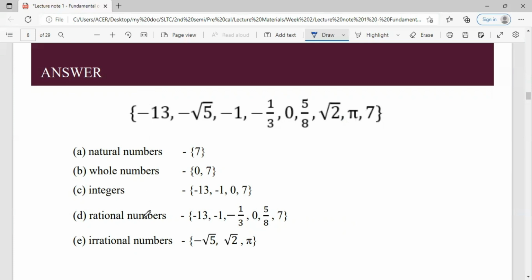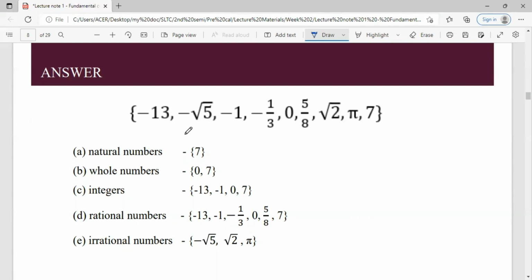Then rational numbers: minus 13, minus 1, minus 1 over 3, 0, 5 over 8, and 7. Irrational numbers. Here, square root of 5. You can check the value of square root of 5.